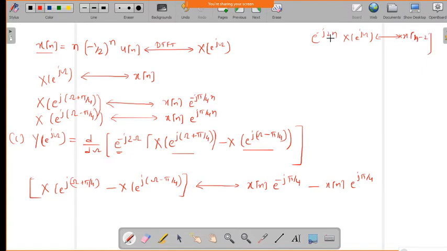So use this time shift property and write the corresponding time domain, that is e power minus j 2 omega into x of e power j omega plus pi by 4 minus x of e power j into omega minus pi by 4.